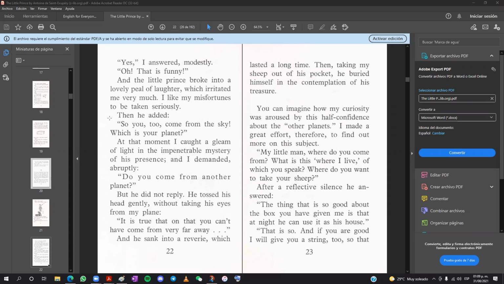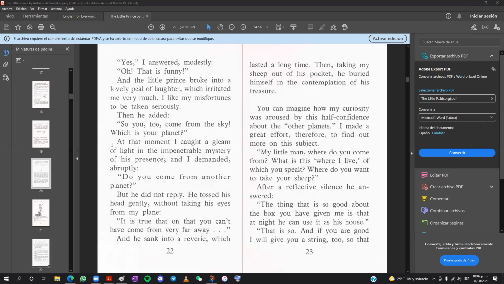And Then he had the he added. Mhm. so you do come from the sky, From the sky. which is your planet. Which, acuérdate, which es decir, which es cuál.